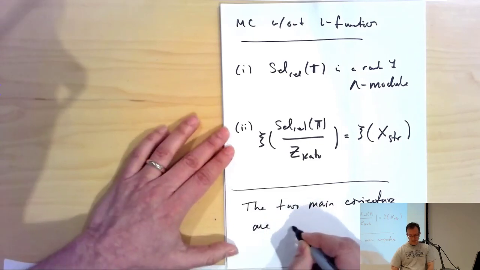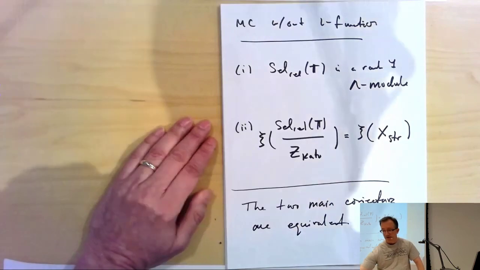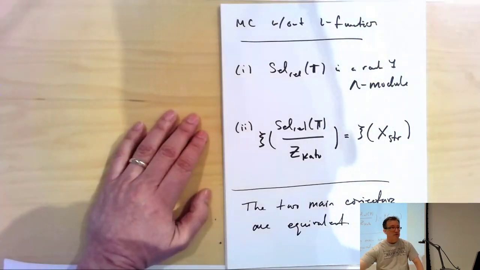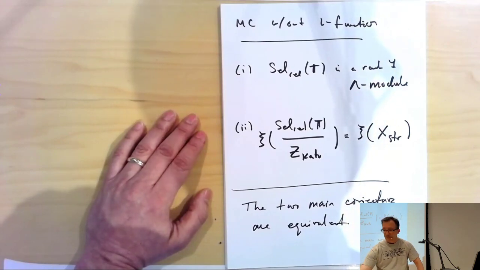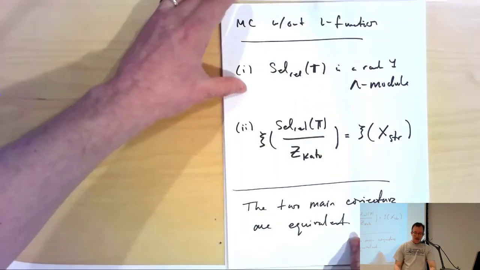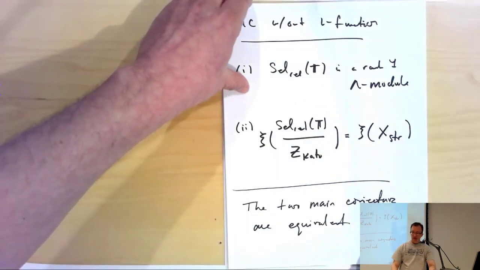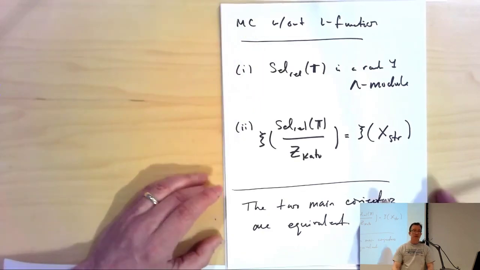The equivalence does require Kato's explicit reciprocity map that tells me that the image of his elements, or his lambda module under the Coleman map is the p-adic L function. And so a more detailed sketch of this equivalence is given in the notes, but this is actually a very important fact.